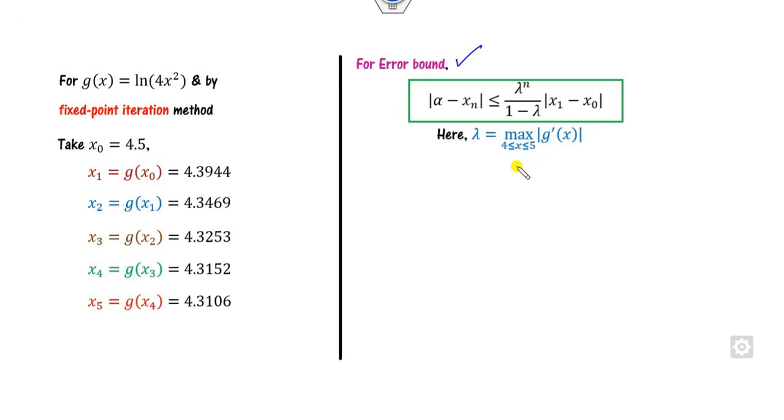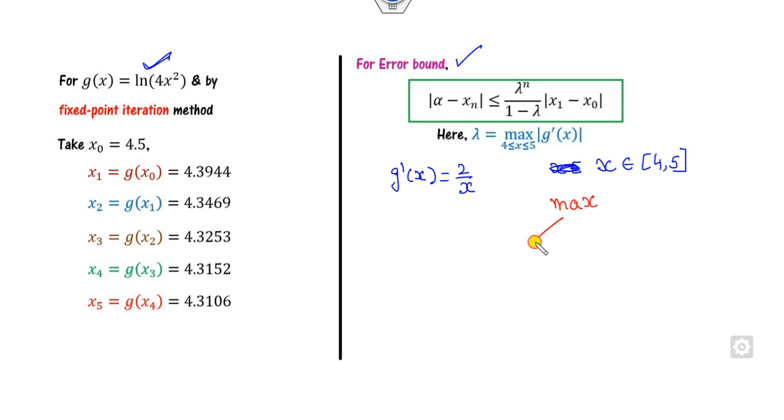This is the formula for the error bound, and you have to find lambda. Lambda is nothing but the maximum of g dash. So what is my g dash? You can see from here it is 2 by x. Now since we have to find the maximum value on this closed interval, how can you find the maximum of this?